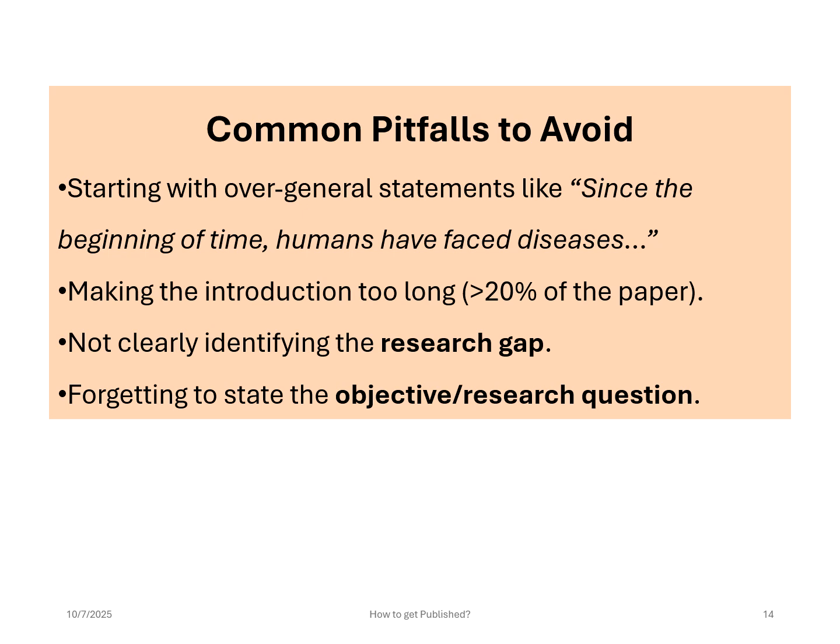Not clearly identifying the research gap is also a big pitfall, and it usually happens. And forgetting to state the objective or research question is one of the most frequently occurring mistakes, that usually authors don't write the objective or research question at the end of the rationale or at the end of the introduction.